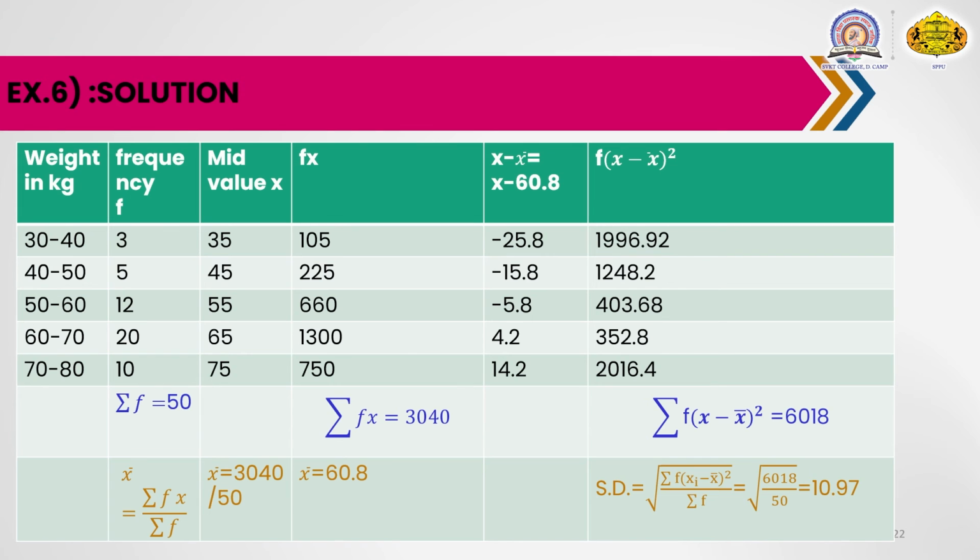That is minus 25.8 into minus 25.8 into 3. That is squaring the number in the x minus x bar column, and then multiplying by the frequency f. So we will get the output in the last column here.